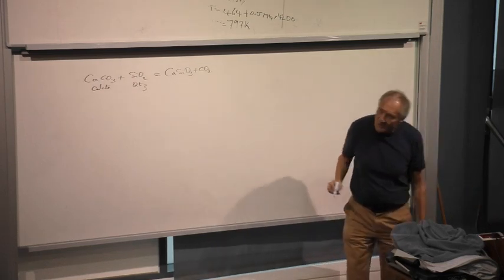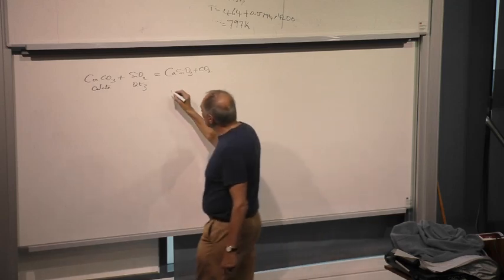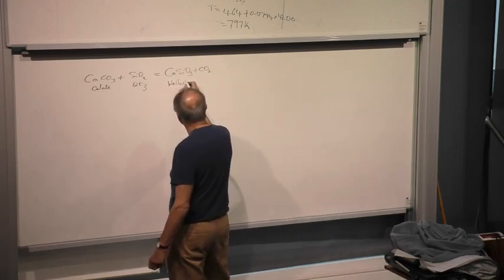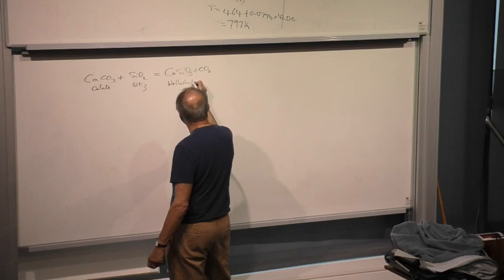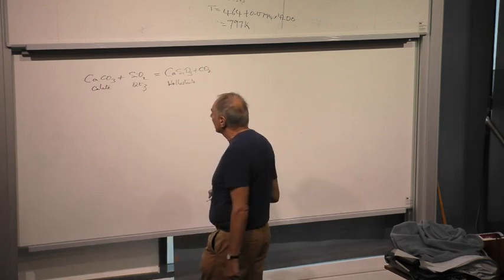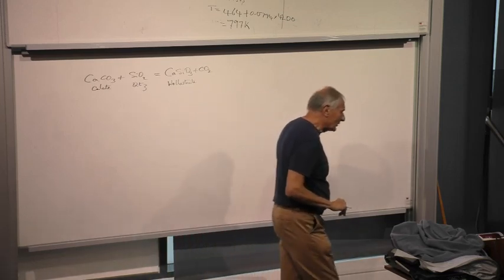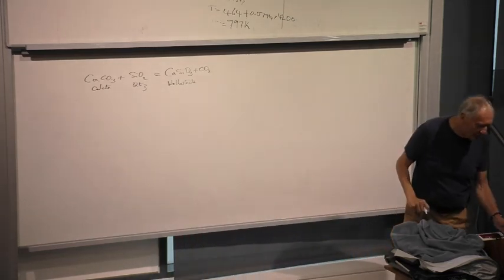It has a different structure, and it's called wollastonite. Not uncommon in metamorphosed limestones, skarns.